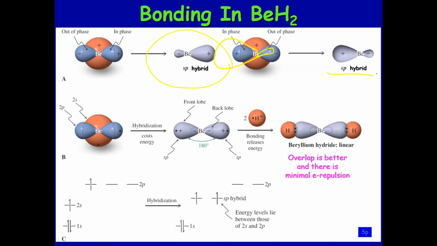Of course, hybridization itself requires energy. It is the bonding then that makes it feasible. Once they bond, it will release energy.